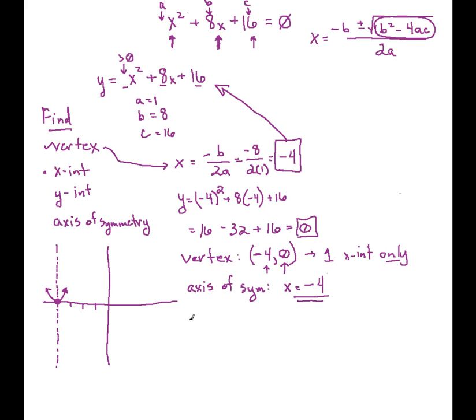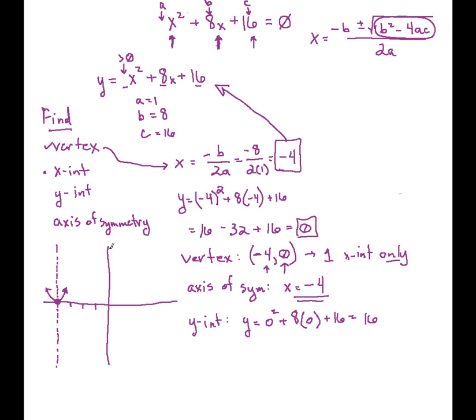Let's find the y-intercept. We do that by setting x equal to 0, so it's going to intersect somewhere here on the y-axis, and at that point x equals 0, so we'll have y equals 0 squared plus 8 times 0 plus 16, and that just equals 16.